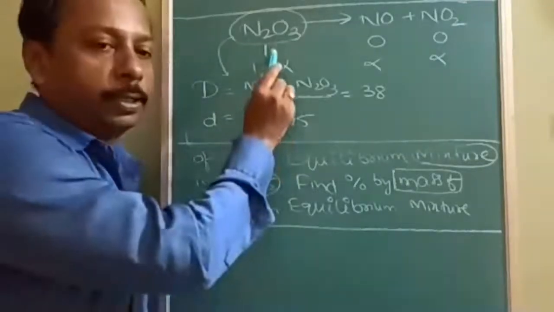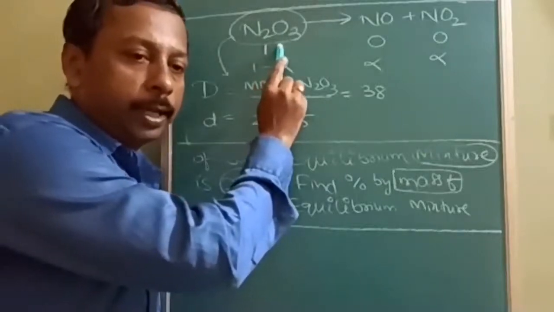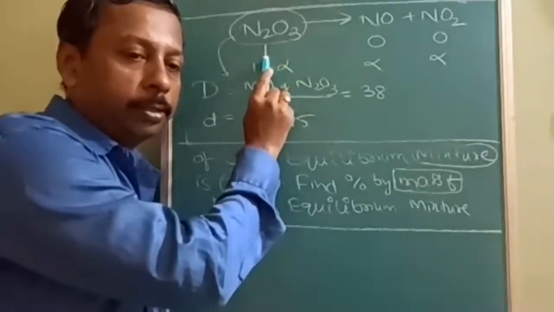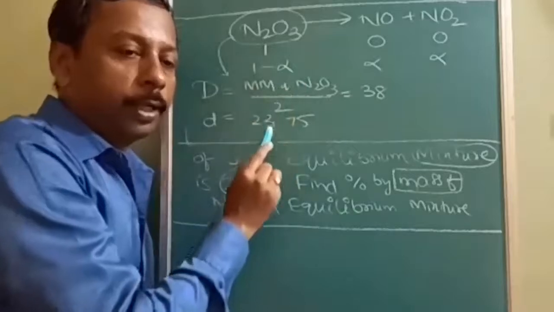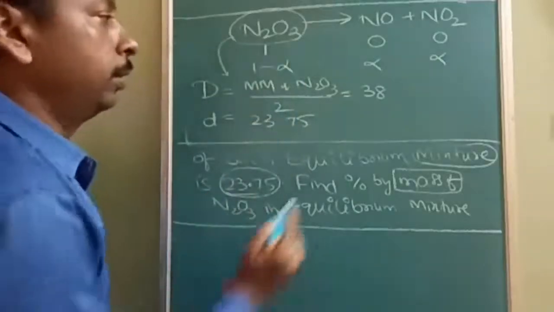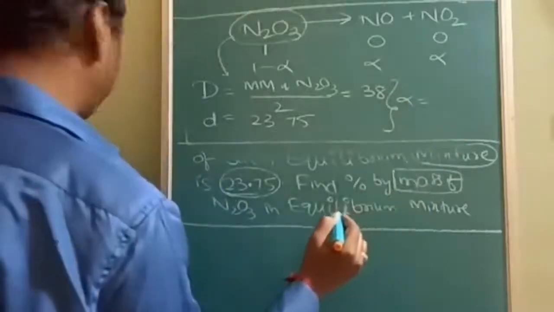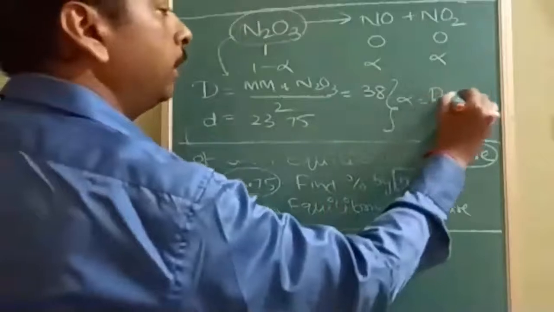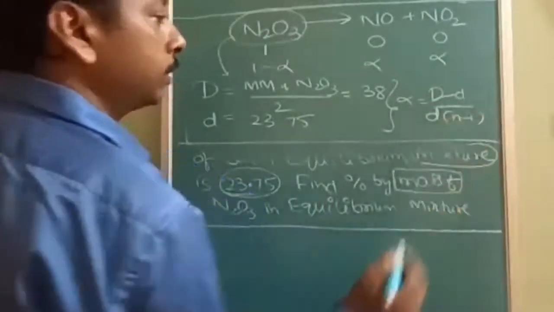Theoretical vapor density is calculated by using the reactants. Only the reactant you have to take, because it is 1 mole initially. So with this you get capital D, and with the given value, small d. Now first what you have to find out is alpha. The alpha formula is capital D minus small d, divided by small d into n minus 1.